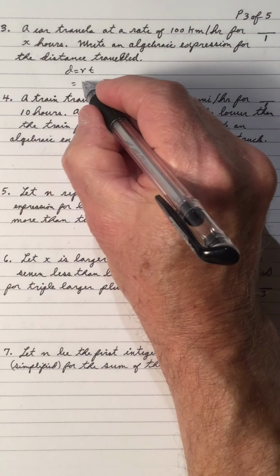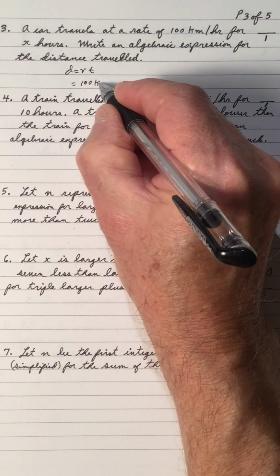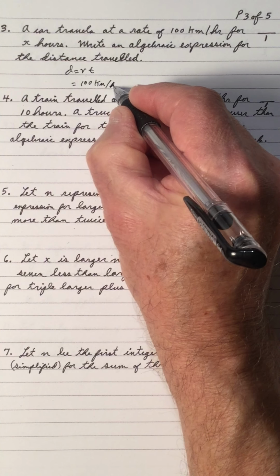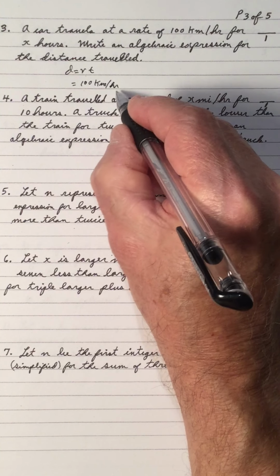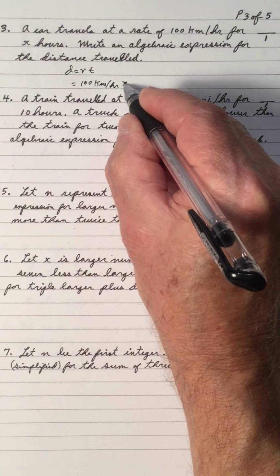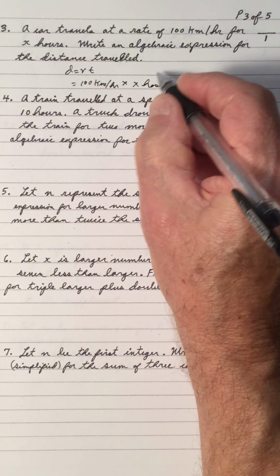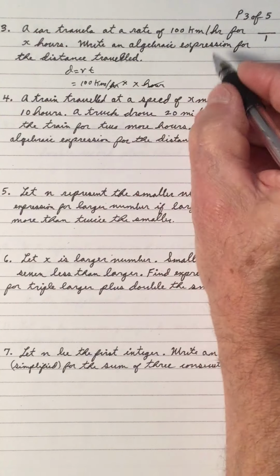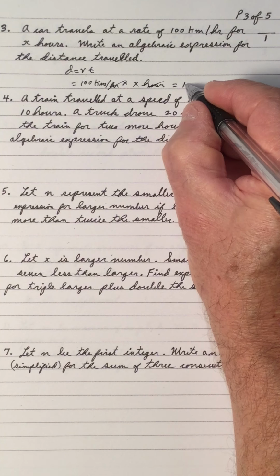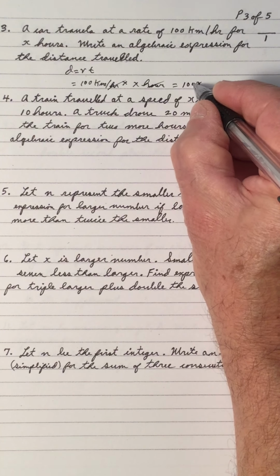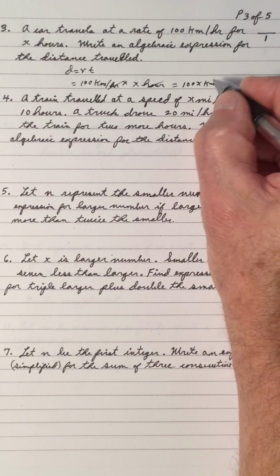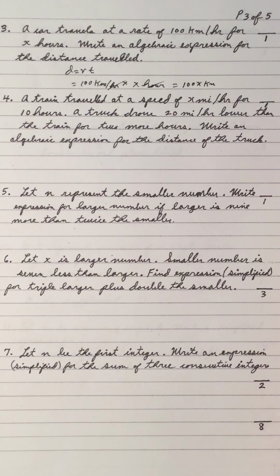So the rate is 100 kilometers per hour, and you're going to multiply it by x hours. And hours cancel, so you get 100x kilometers. If you have 100x, give yourself a mark.